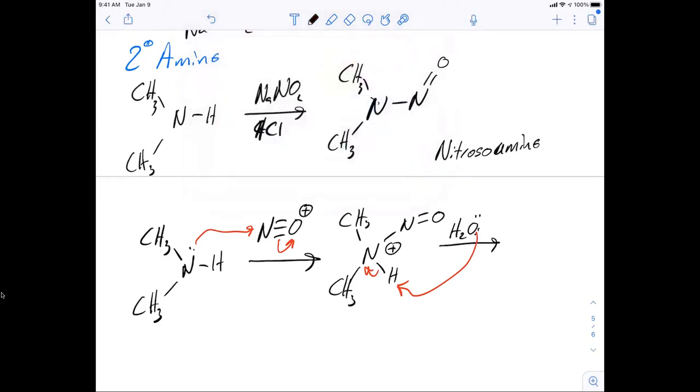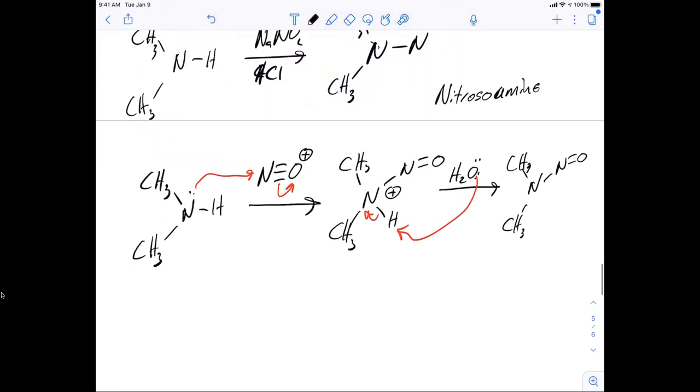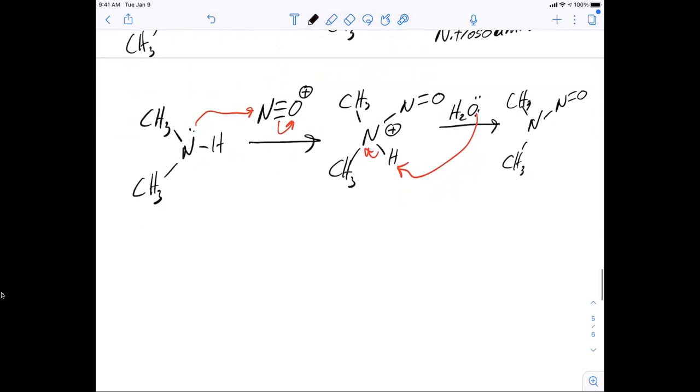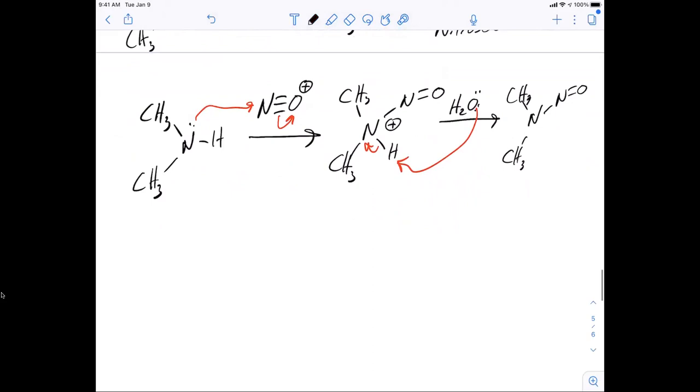Usually there's a little water because of the process in forming the nitroso ion. So nitrosos do have biological functions. They are a byproduct of smoking meats or preserving meats with nitrate type compounds.